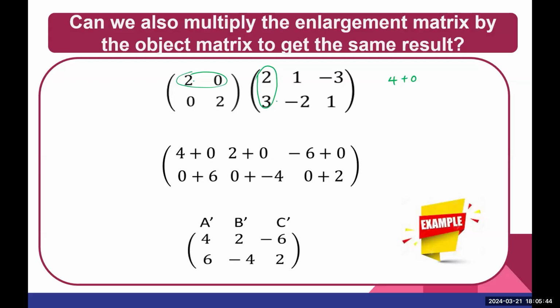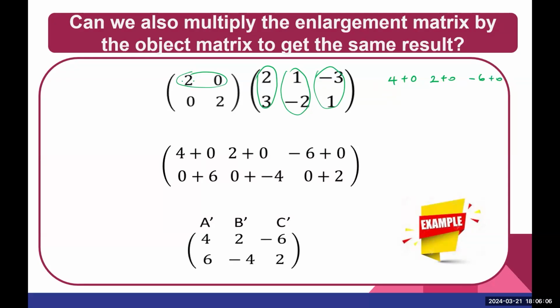After we're finished with that, we would move on to the next column. 2 times 1 gives us 2. 0 times negative 2 gives us 0. Once we're finished with that column, we'll move on to the next column. 2 times negative 3 gives us negative 6. 0 times 1 gives us 0.